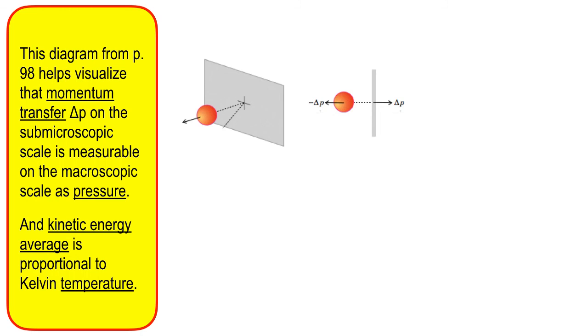You know, you go to the gas station to fill up your tires, you have to set it, 32 psi or whatever the pressure setting is for your tires. Okay? And that's similar to the idea that the average kinetic energy correlates to the temperature of a gas. And we'll talk about the formulas for both of those in just a minute.